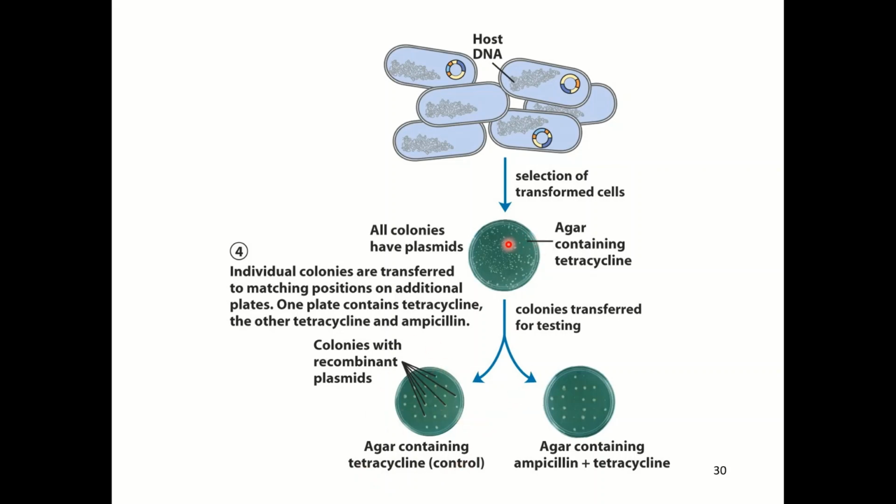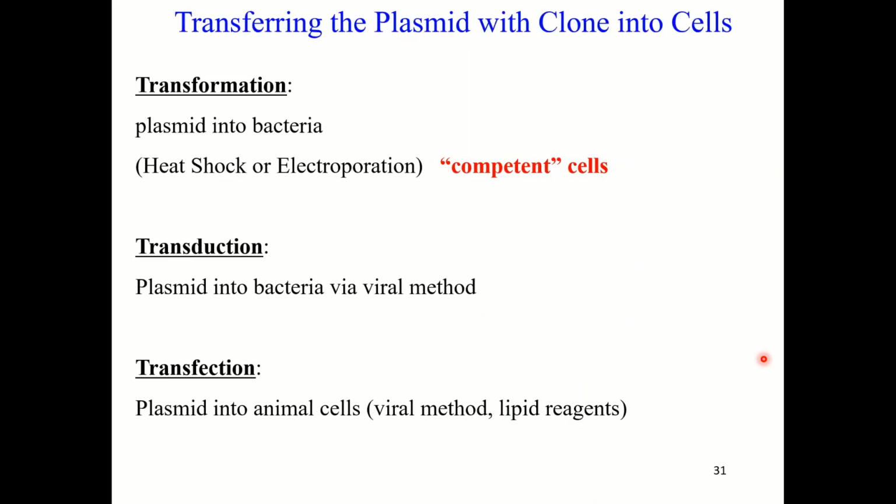So we'll take one colony from here, put it at the same spot on both of these plates, and do that with many different colonies. The colonies that grow in tetracycline but do not grow in ampicillin plus tetracycline, those are the ones that contain that plasmid. And those would be the ones that we would use in further studies.